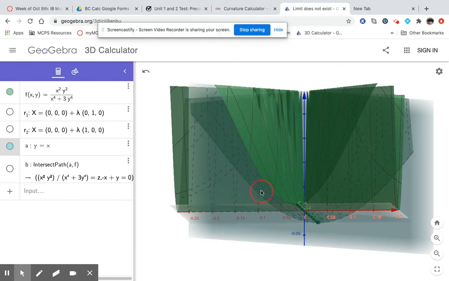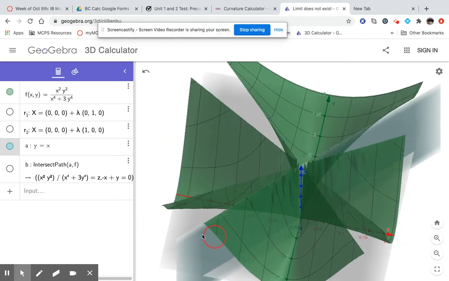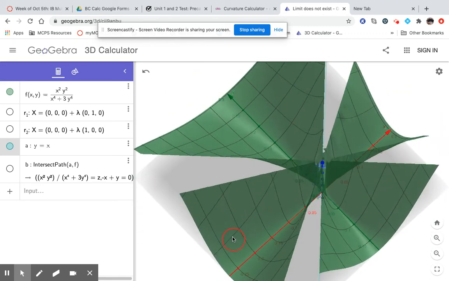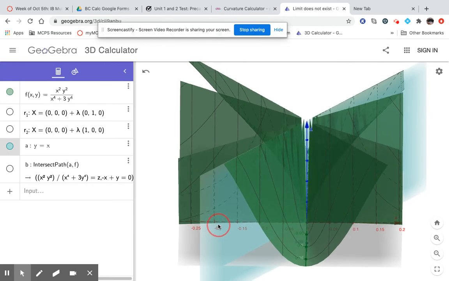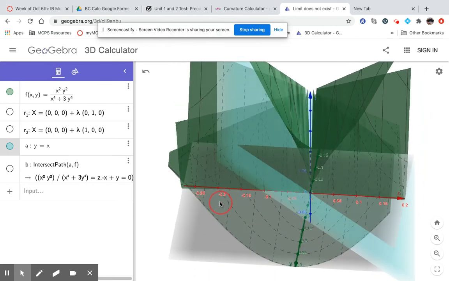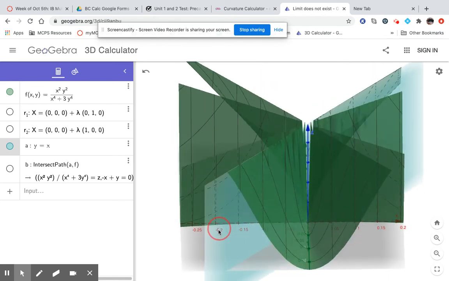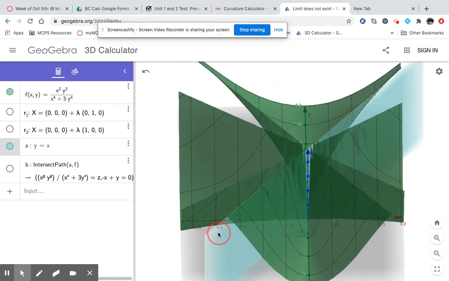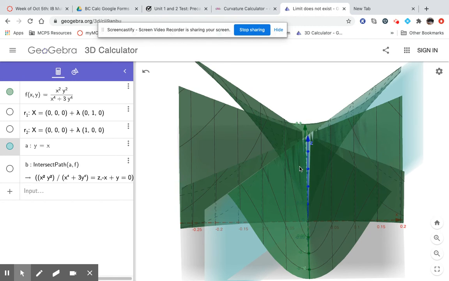But when I went on the diagonal plane here, and I walked along at the origin, right? And it's kind of hard to tell here. I don't know with my scale, but when I walked along y equals x, I approached this level of 1/4. This is a height of 1/4 here.